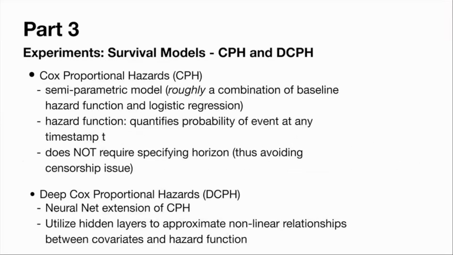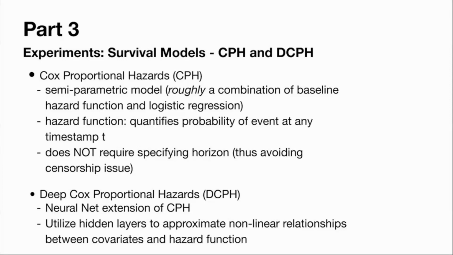So we are now going to introduce the survival models that we are going to use in this project. The Cox proportional hazards is a semi-parametric model, which is roughly a combination of baseline hazard function and logistic regression. And the hazard function refers to a function that quantifies probability of event at any timestamp t.